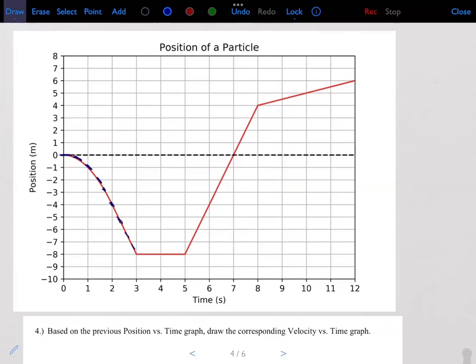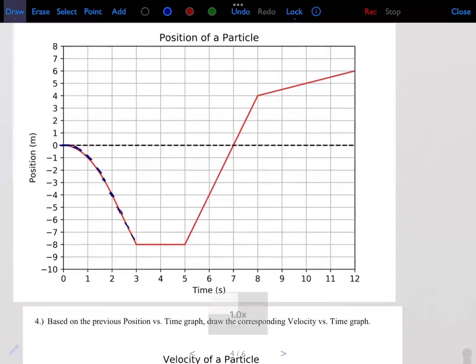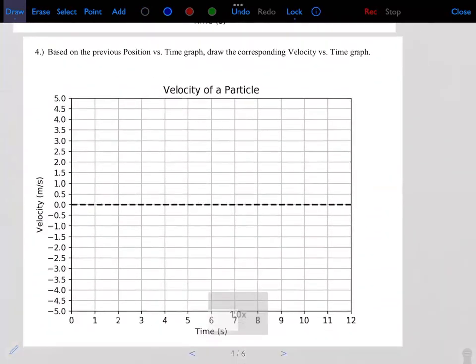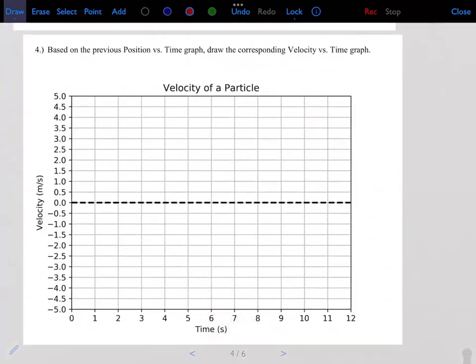So if the slope is 0 at 0, that means the velocity is 0 at 0. So it's going to start like this. And we know at 2 seconds, the velocity is -4. And we know from 0 to 2, it's decreasing. So our best guess is just to draw this like linearly decreasing, just draw a line, right?